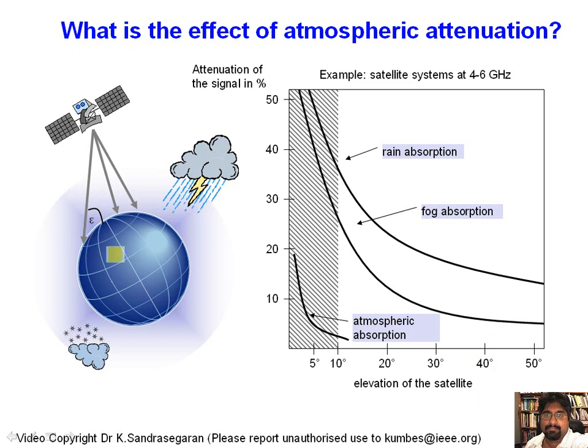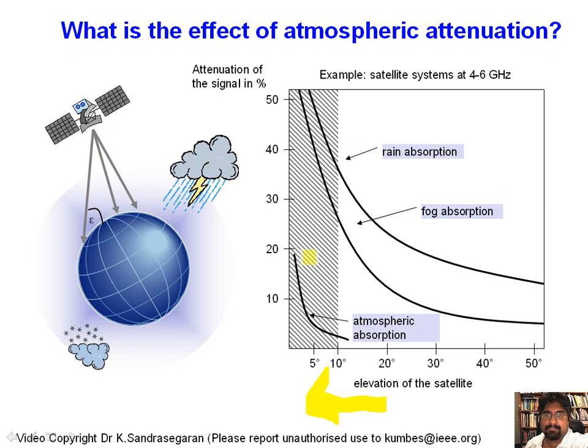If this angle is getting smaller as we go in this direction, the electromagnetic waves are traveling through a longer distance of the Earth's atmosphere. As they travel through a longer distance of atmosphere, there's more likelihood of absorption due to rain and atmospheric absorption and so forth.